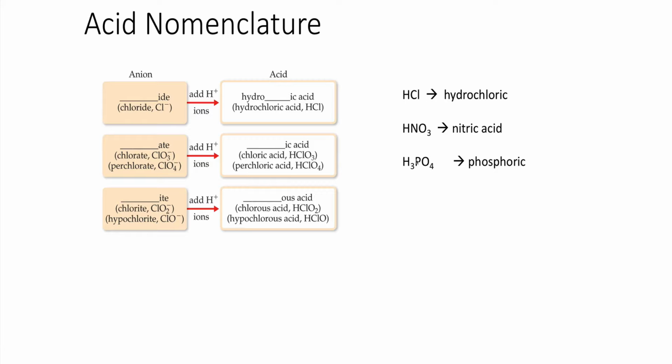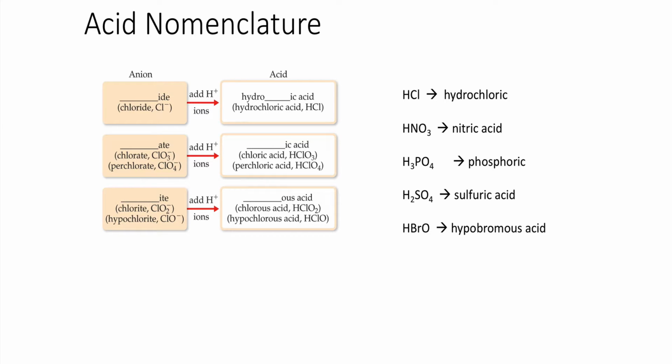H3PO4, this is the phosphate polyatomic anion, phosphate, so this is phosphoric acid. H2SO4, SO4 2- is the sulfate anion, so H2SO4 is sulfuric acid.